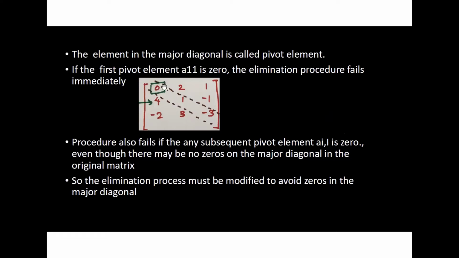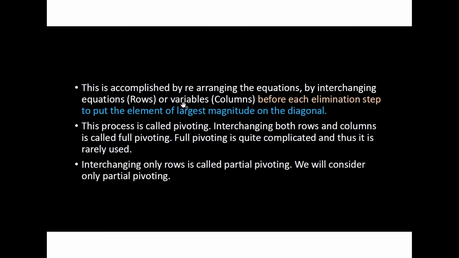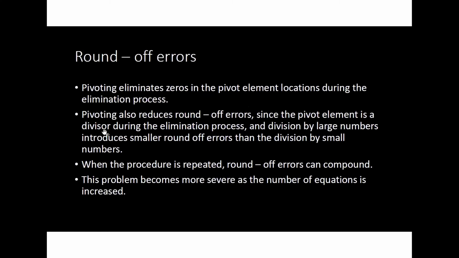These coefficients are going to be divisors because we are doing 4 by whatever element is here, minus 2 by whatever element is here, and 3 by whatever element is here. So we are going to use the pivot element as a divisor, and division by large numbers introduces smaller round-off errors than division by small numbers.